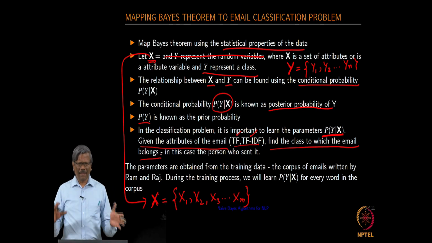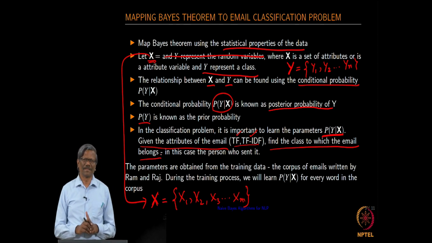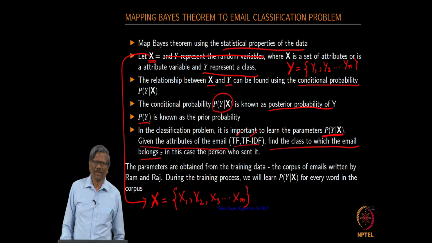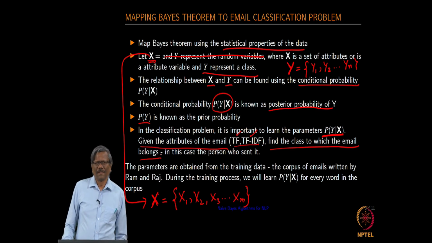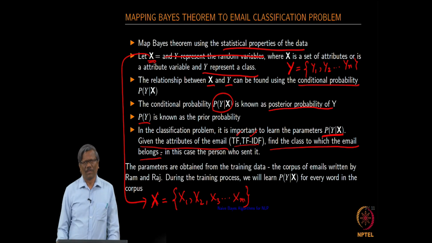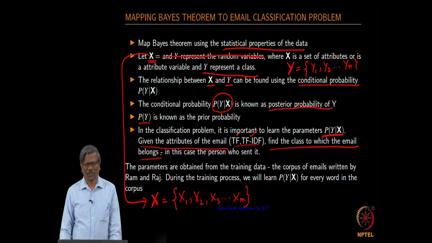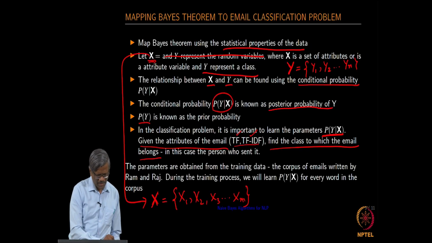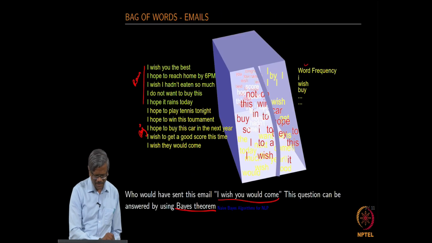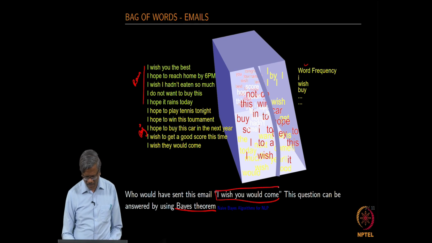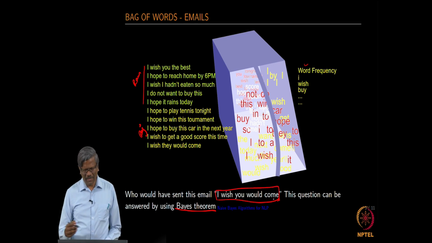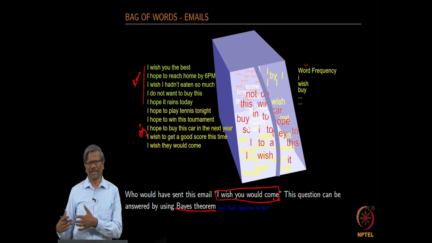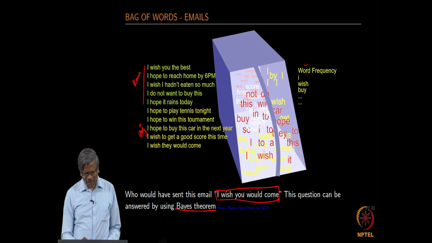So, now we have the data set that has been extracted from the training samples. Now, how can I go and find out who had sent the mail? So, we want to find out, based on the training data that we have, or the labels that we have created, who had sent this particular mail.